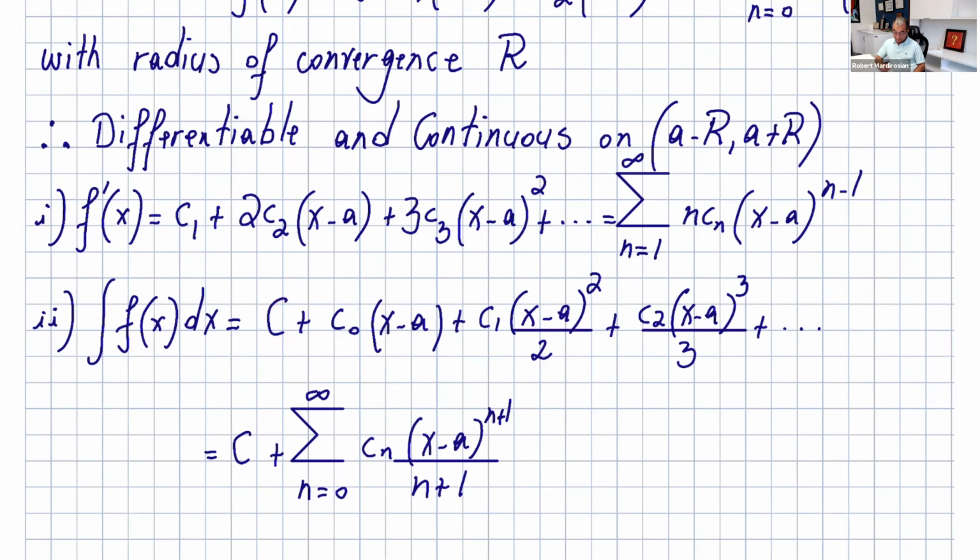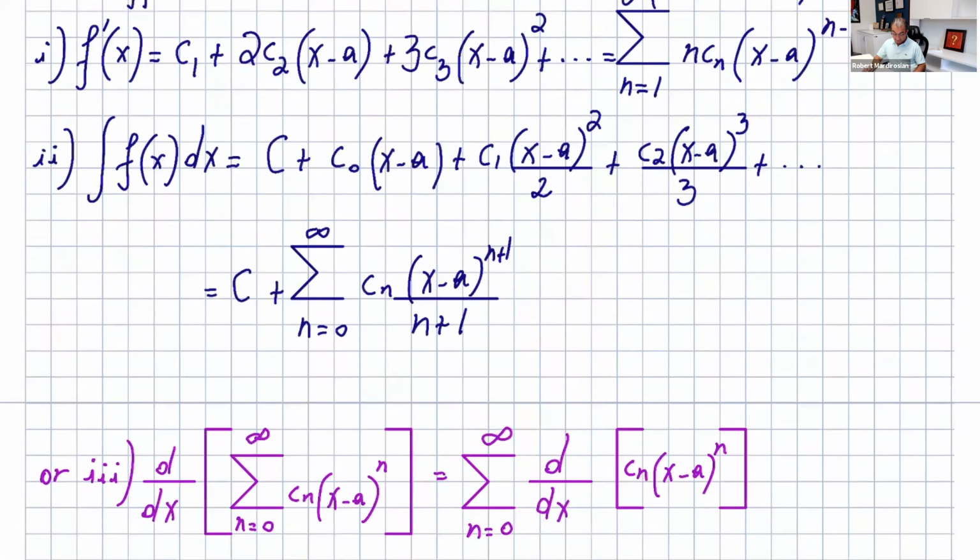So it's c0 (x minus a), and that's c1 (x minus a) squared divided by 2, and so on, c2 (x minus a) cubed divided by 3. And the general form, you can write that as c plus the sum of cn times (x minus a) to the power of n plus 1 divided by n plus 1. And this is the power rule for integration.